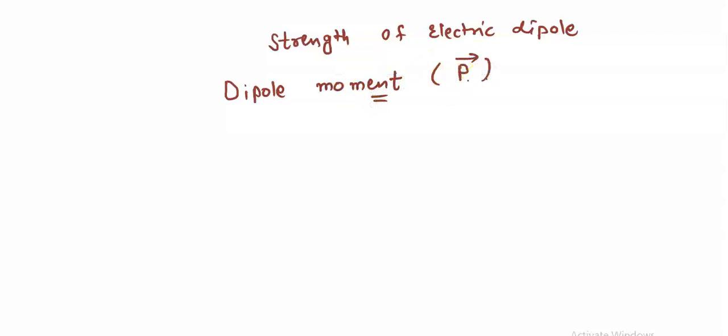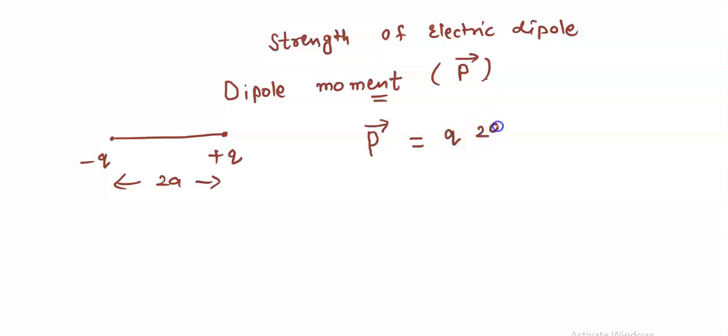Suppose that we have a dipole setup, minus q and plus q charges, separated by a dipole length 2a. Electric dipole moment is given by P vector is equal to q into 2a vector.